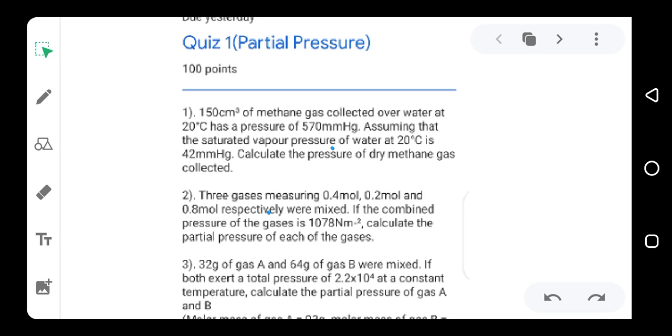Now we are given the number of moles of each of these gases, and we are given the total pressure as 1078 Newton per meter squared.